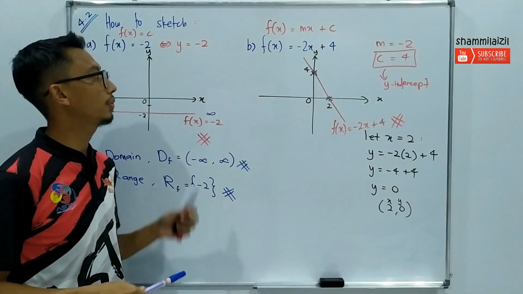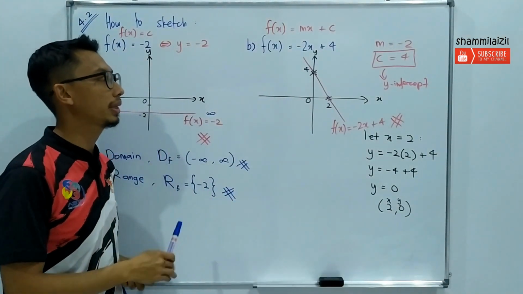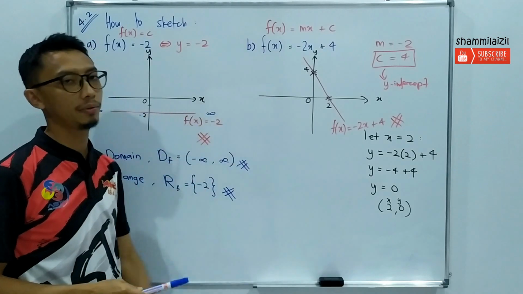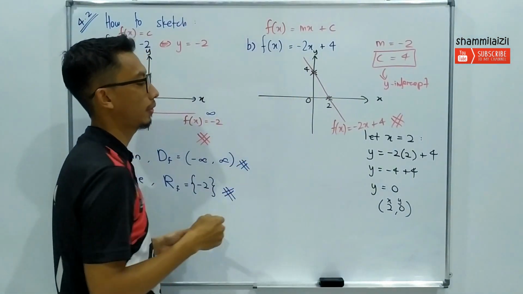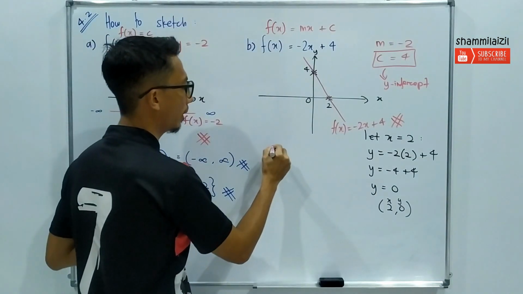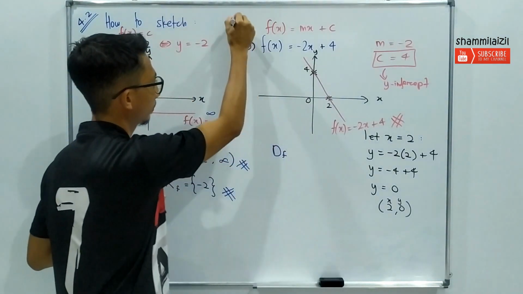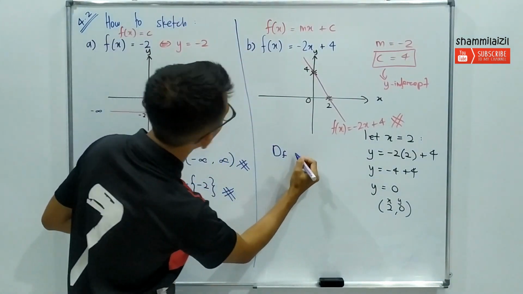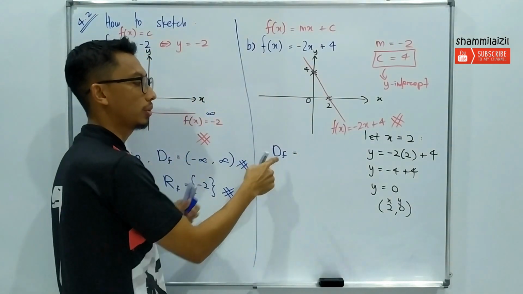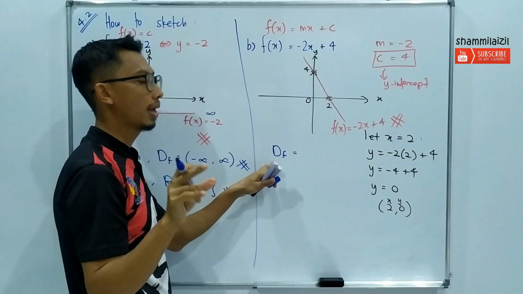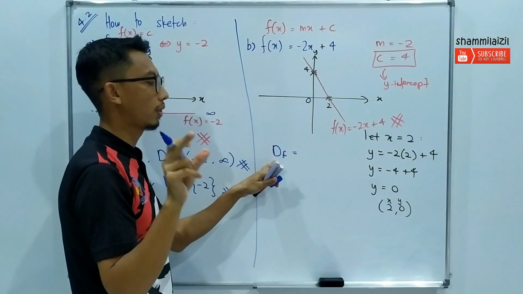So let's proceed with finding the domain and range for the linear function just now. So this is the graph that we obtained from the linear function. Okay, so the domain of this function, as I told you, domain is the possible x values for the graph.